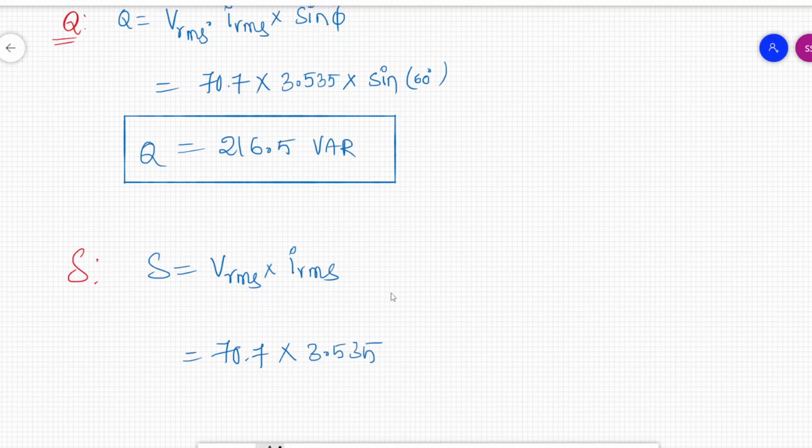If you multiply these two, you get the apparent power, which is 250. 250 VA, not watts. The unit for apparent power is voltage into current, volt-amperes. So this is how you find powers in circuits using your formulas.